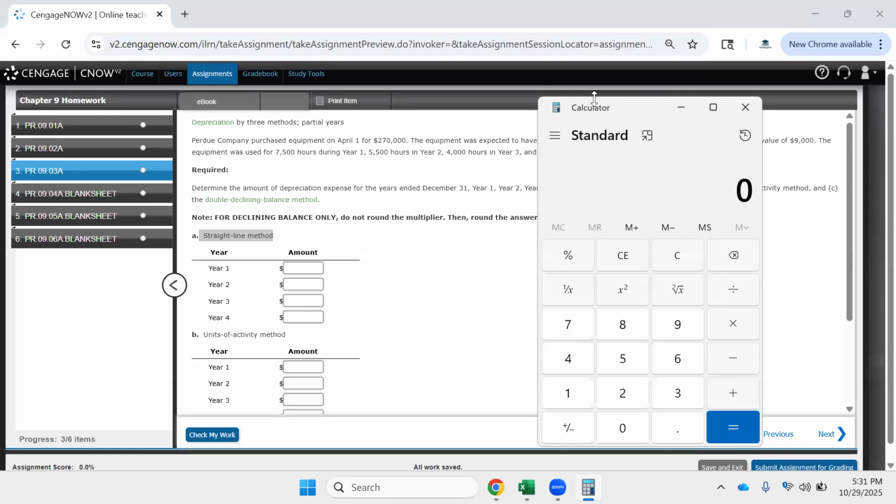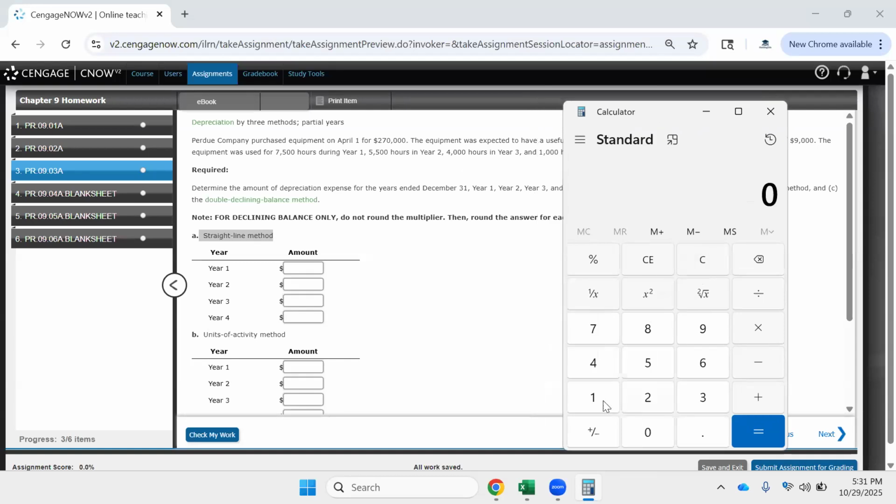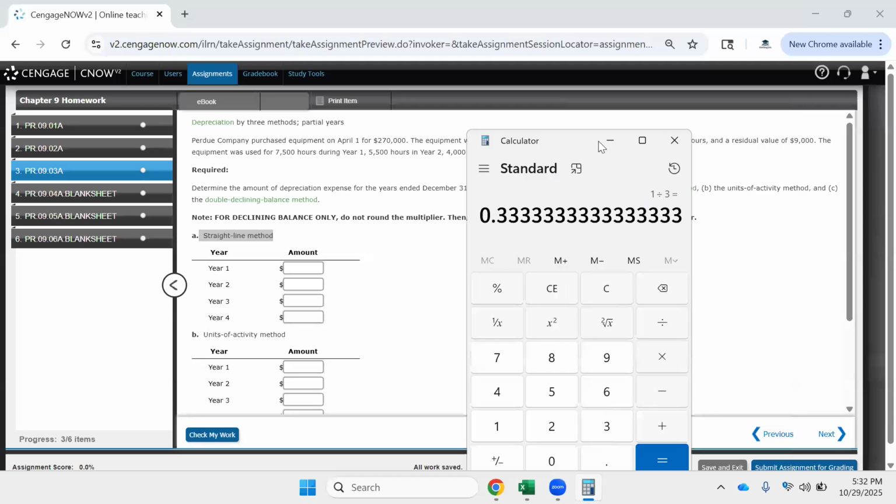we need to create the percentage of depreciation that's going to be had per year. In this case, it's 33.333%, because we take 1 divided by 3.